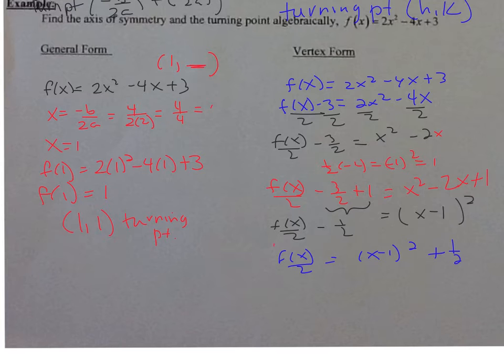To get rid of the 2, we multiply both sides by 2. So I get f of x is equal to 2 times x minus 1 squared plus 1. So therefore, my turning point is my vertex, which is 1, 1. That would be h, k. Okay, so let's flip it over and we'll work on the back.